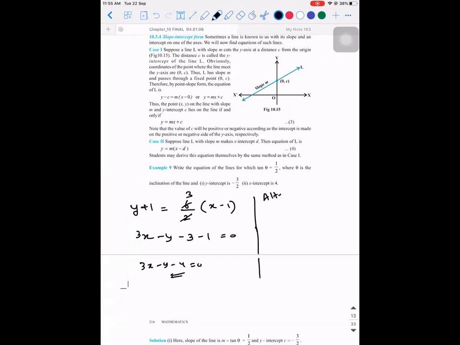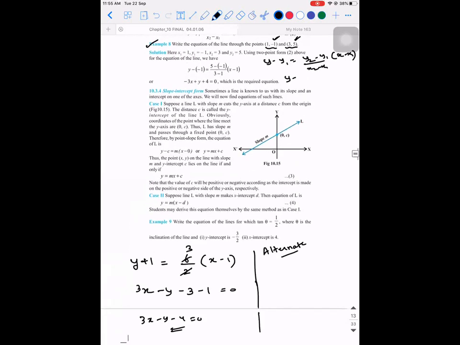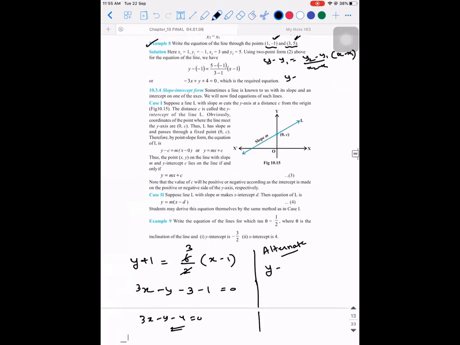Now I'm going to do it in the alternate method. In the alternate method, I will take 5 as y1. Try to solve. So y minus 5 is equal to, what is y2 minus y1 in this scenario? It is minus 1 minus 5 divided by 1 minus 3. Correct?